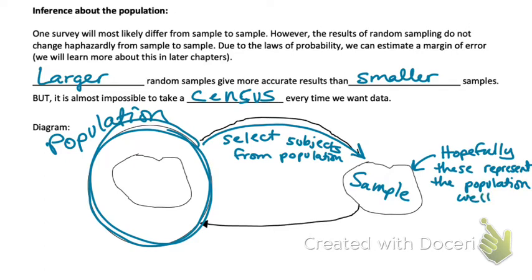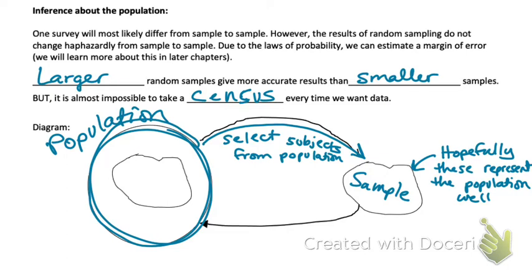Meaning I didn't get all upperclassmen in the population of McKinney Boyd High School. I didn't get all freshmen. Hopefully I got a little bit of everybody in that sample. Hopefully. That's the point. Hopefully I did a good method.